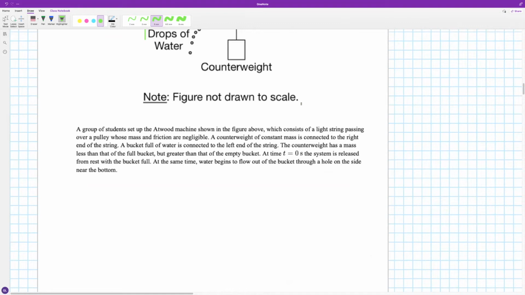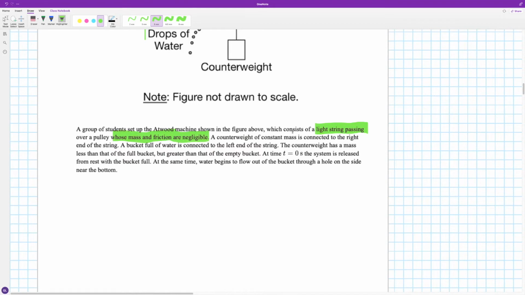As we're reading through, my understanding is we are not allowed highlighters on the AP exam, but noticing we have a light string, so we don't have to worry about its mass, and a pulley whose mass and friction are negligible, so that makes part of the analysis a lot faster and easier.